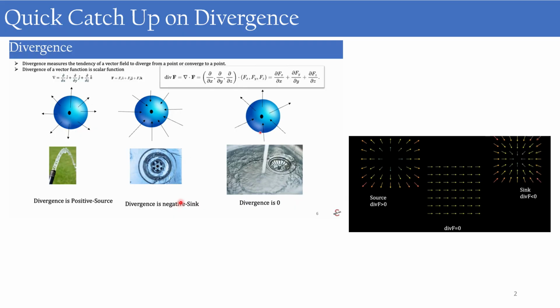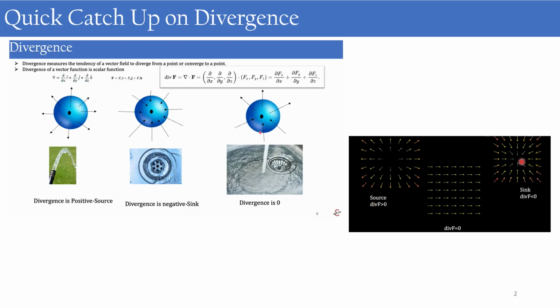We can say that the divergence is negative. And if we have both a source and a sink at the same point, all the water coming from the source is going through the sink, and in this case the divergence is 0. This is a graphical representation. If we have a source, the fields come from the source, and the divergence is greater than 0.